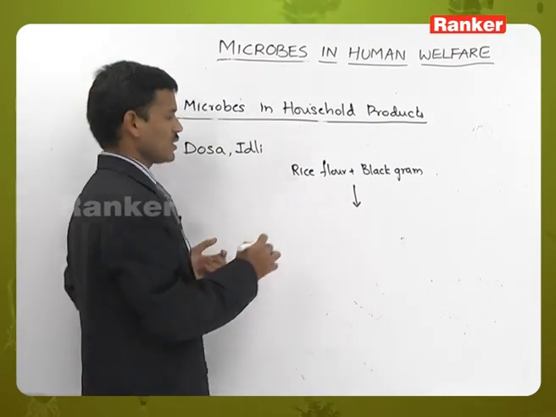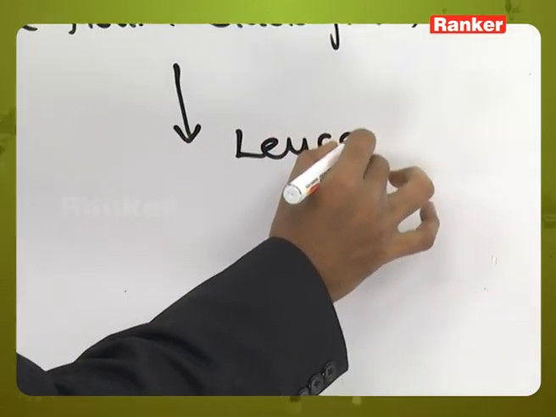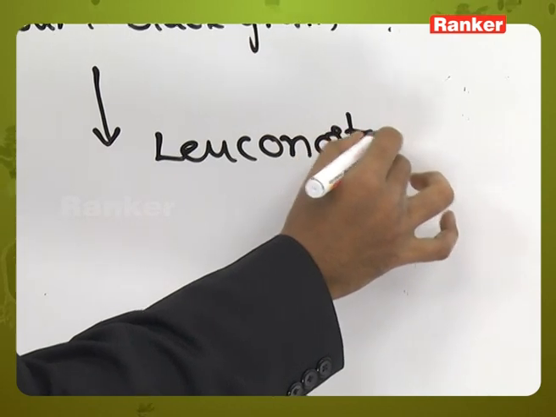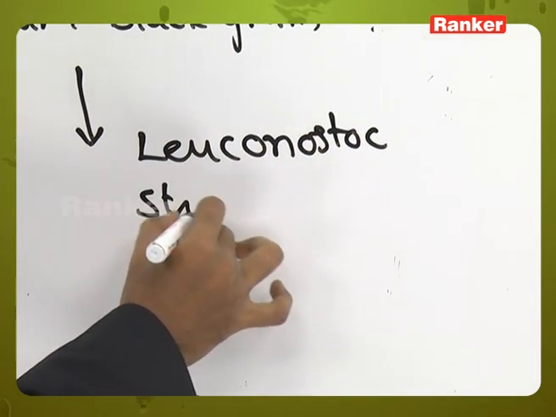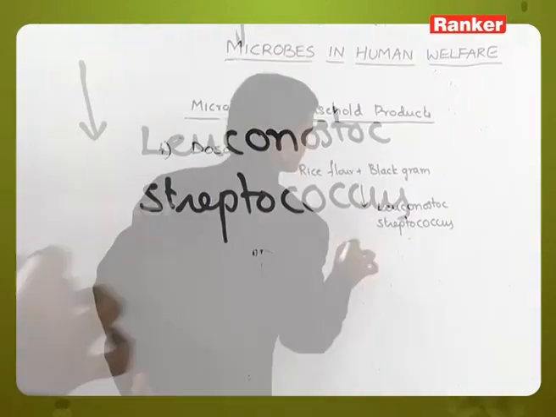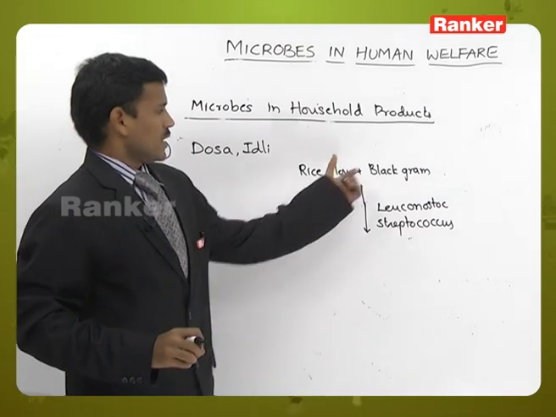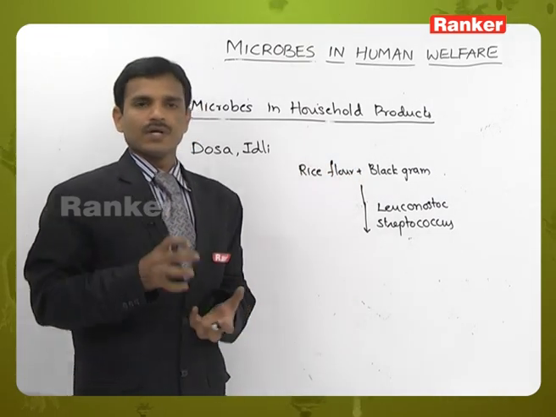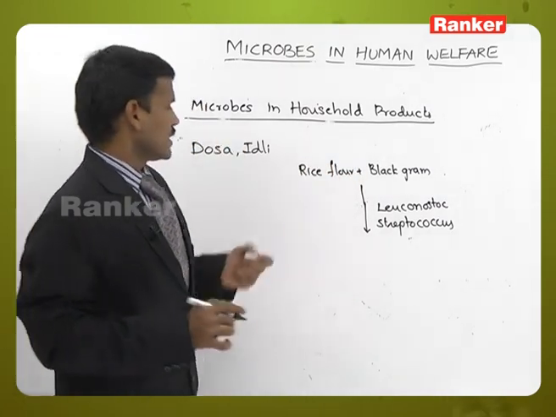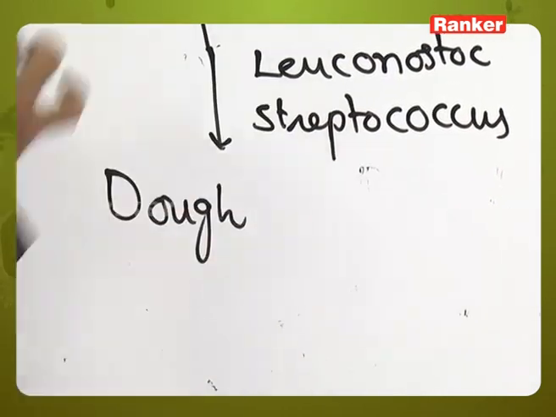These bacteria are Leuconostoc, Streptococcus. So, these bacteria are fermenting the rice flour and the black gram into dosa and idli dough. So, this dough is used for making these products.